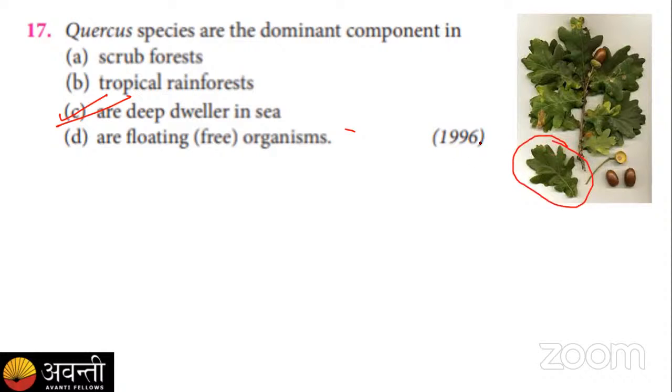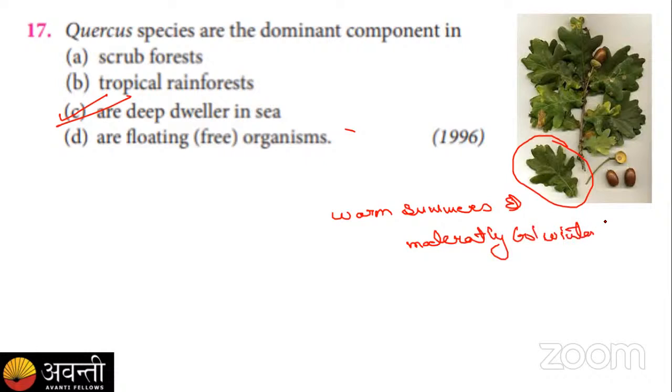And these oak trees are mostly evergreen and dominantly found in areas where we have warm summers and moderately cool winters. Okay, so this is only found in the area where we have the sea region, right? So that is why option C is the correct answer.